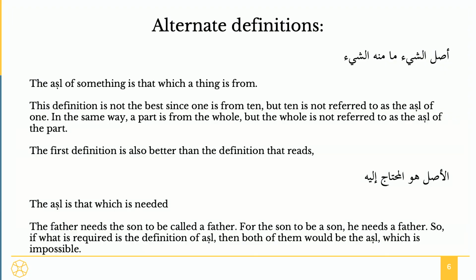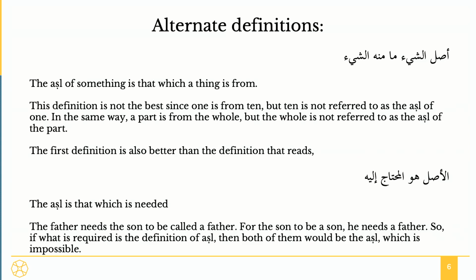Another definition, and that would be the second one in terms of the slide, says al-aslu huwa al-muhtaj ilay, that which is required. If you require it, then you refer to that required thing as asl. Again, this doesn't work. For example, there's a father, and in order for the father to be referred to as a father, he needs to have a son. If he doesn't have a son, then he cannot be referred to as a father.